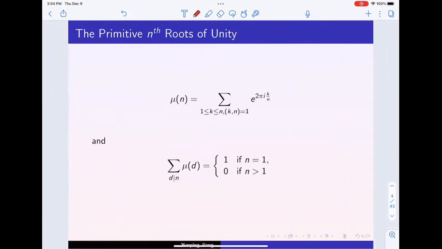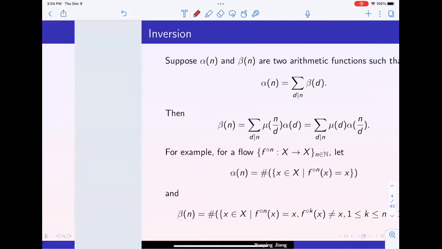Another thing is that the Mobius function can be written as a sum of roots of unity, over all k relatively prime to n. Also, if you sum the value of the Mobius function over the factors of n, then if n equals 1, that is 1; otherwise, it is 0. That is another interesting property.